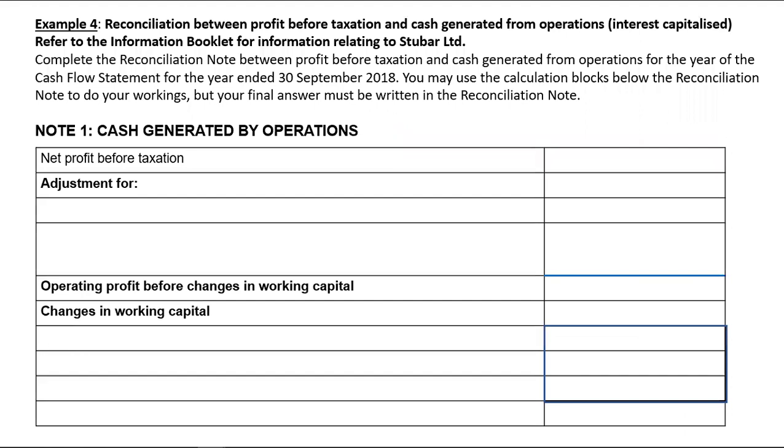All right. When I get straight to it, you will note that you were given operating profit before changes in working capital. You are going to take that amount, which is 950,000, minus 25,000, 992 minus the 900,000.